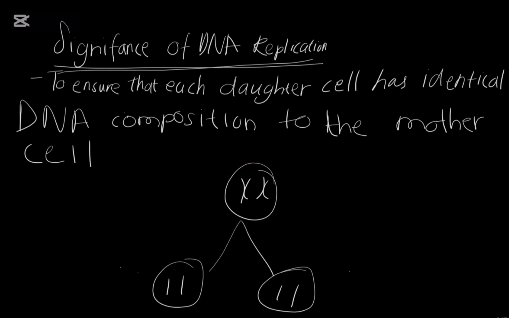What this means is that this mother cell undergoes DNA replication so that its daughter cells at the end of this cell division have an identical DNA composition, so that their genetic material is identical to that of the mother. That's basically what it means.